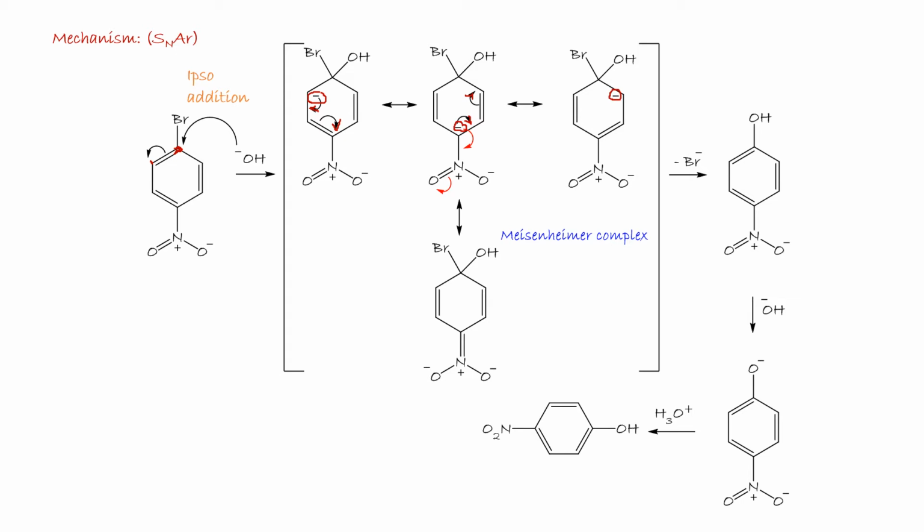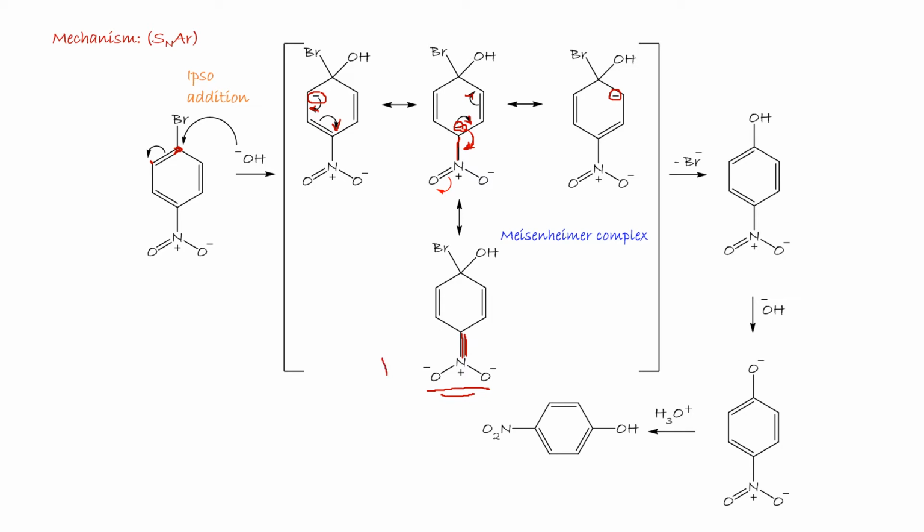Since the negative charge here is connected to NO2, that will add one extra resonance structure here, where the double bond will be between carbon and nitrogen, and the negative charge will be on NO2. So the negative charge now is outside the ring.